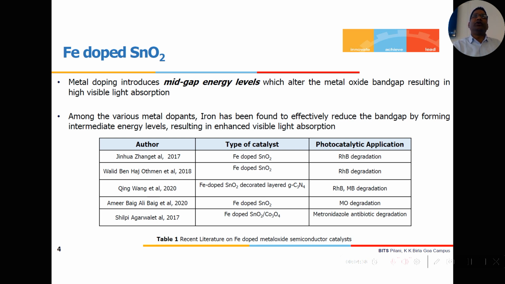Otherwise, SnO2 is UV active. Unless we dope it with some metal which will reduce the band gap and make it active in visible light, the problem will remain the same. So these are some of the examples I have mentioned here, which were well explored before.